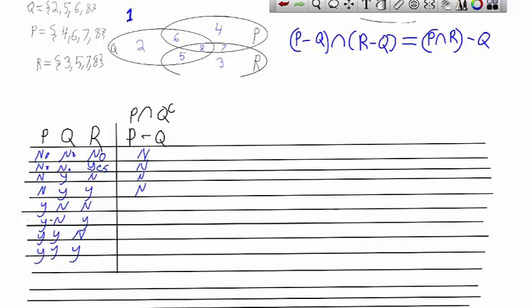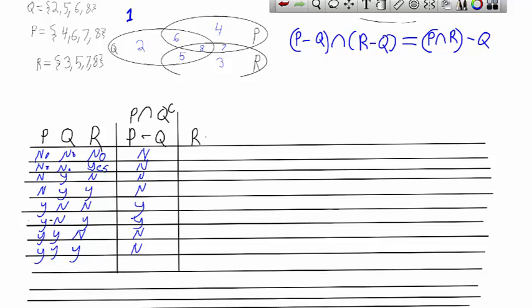Everywhere we have a yes for P, now we need to look and see what is Q, right? Because this is P minus Q. So in this case, Q is an N, and in this case, Q is an N, so it does exist in both those cases. But down here, it is a member of Q, so it cannot be that particular row.